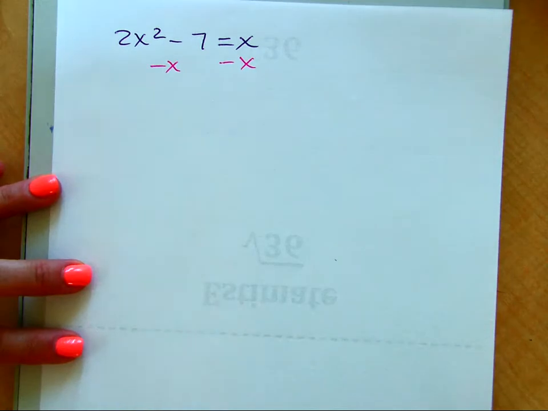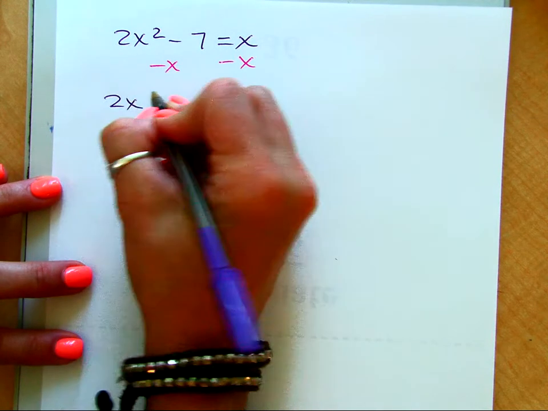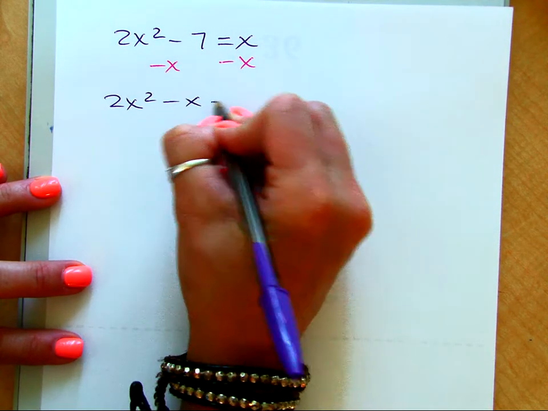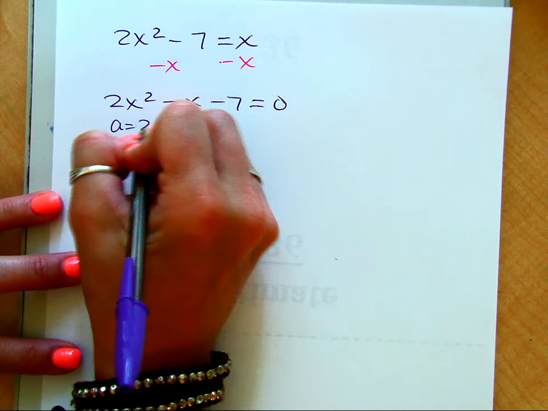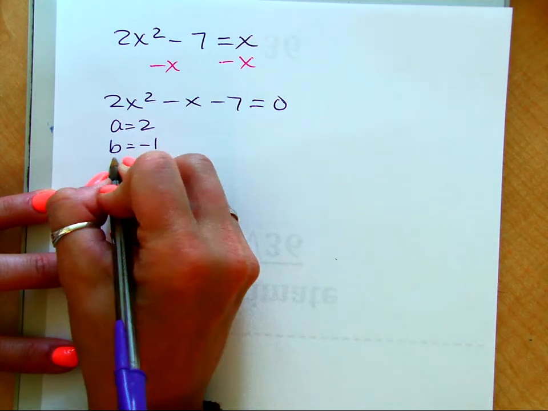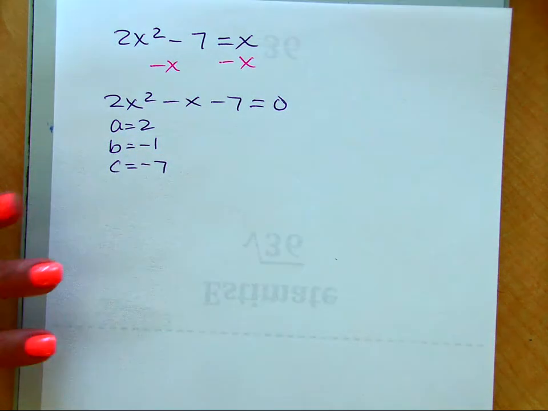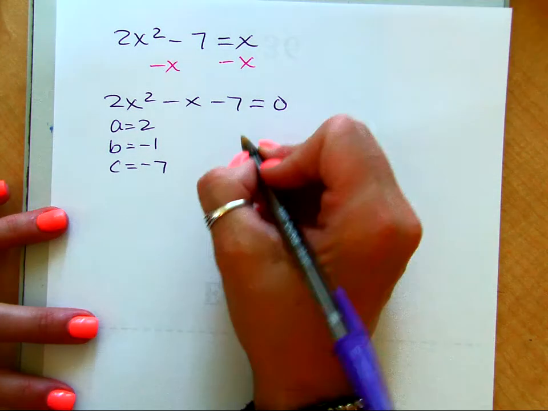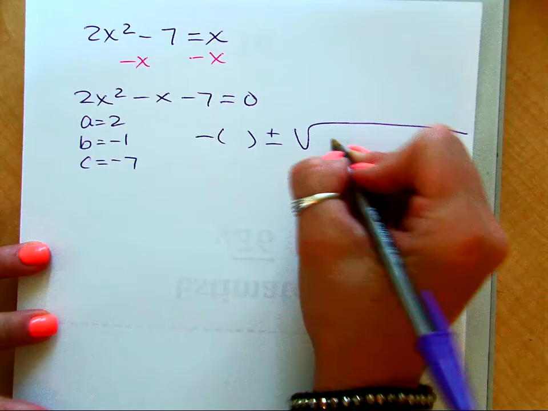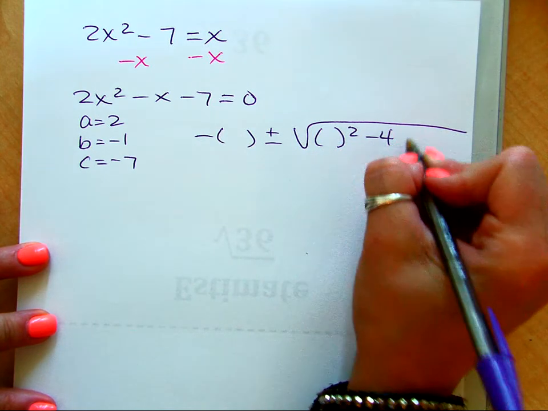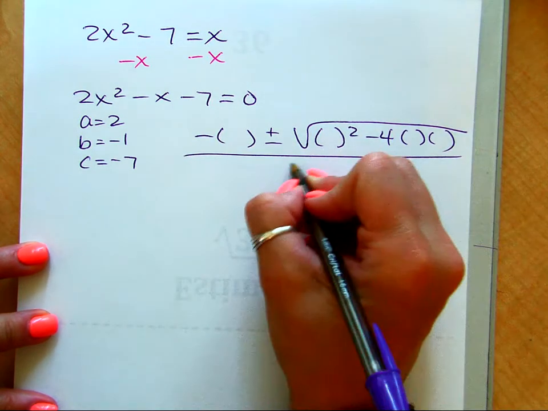So that I'm going to get 2x squared minus x minus 7. I know my a is 2, my b is negative 1, and my c is negative 7. I want to take the opposite of b, plus or minus the square root of b squared minus 4ac, and divide all that by 2 times a.